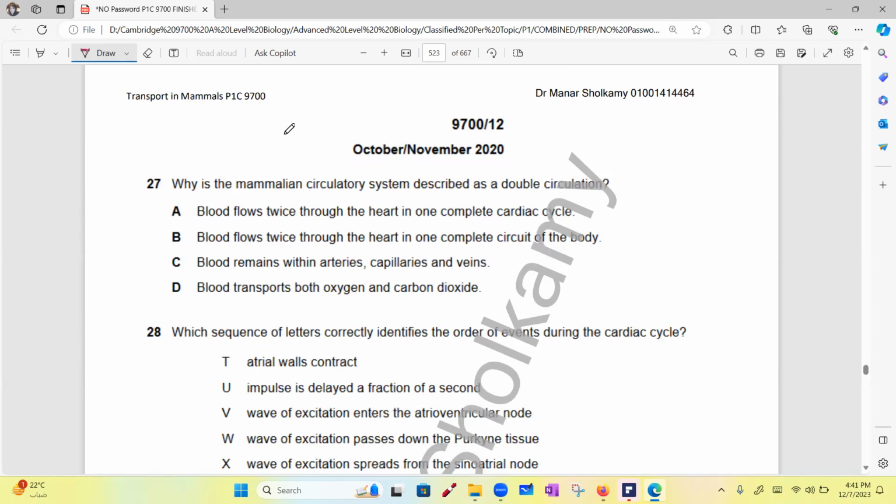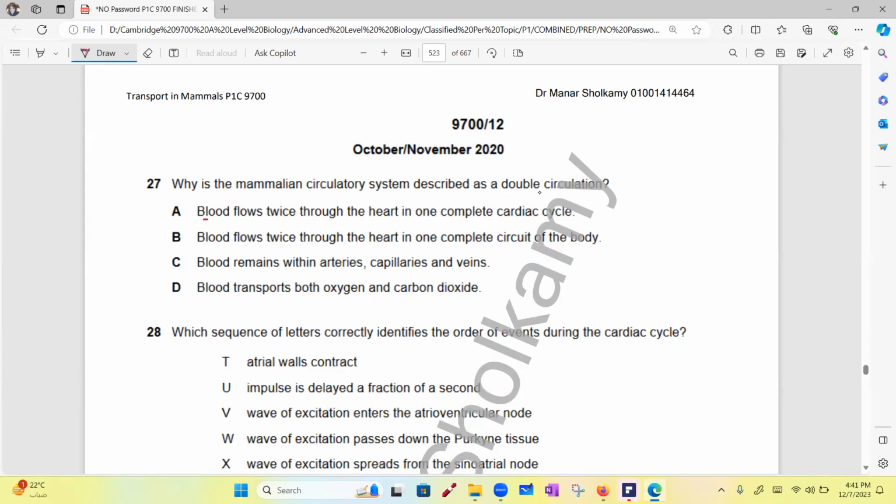Okay, Kenzie. Why is the mammalian circulatory system described as double circulation? It's B because the blood flows twice, not first circuit. Why is it not A? Blood flows twice through the heart in one complete cardiac cycle.